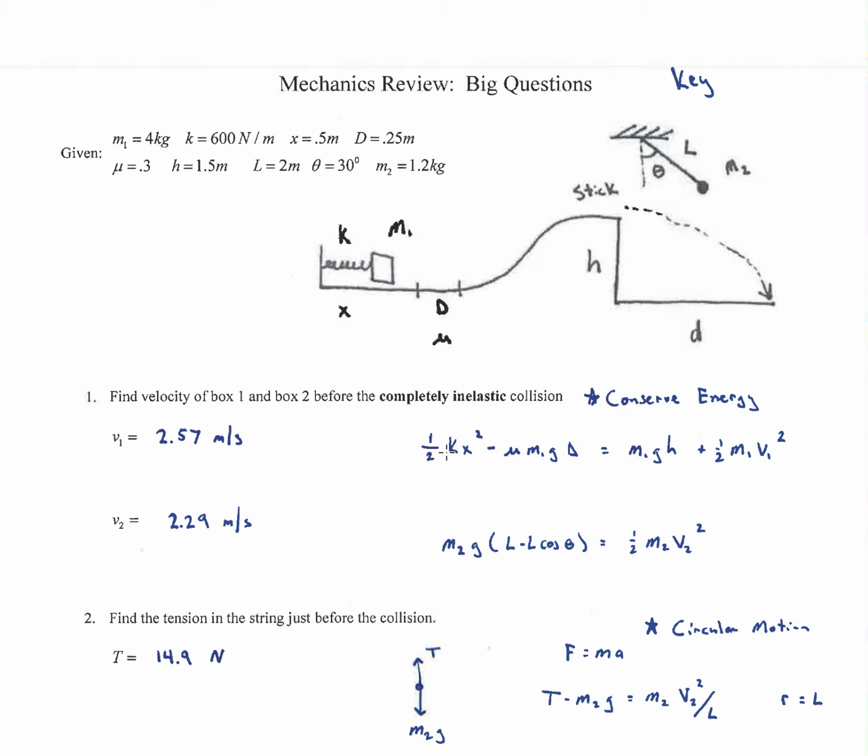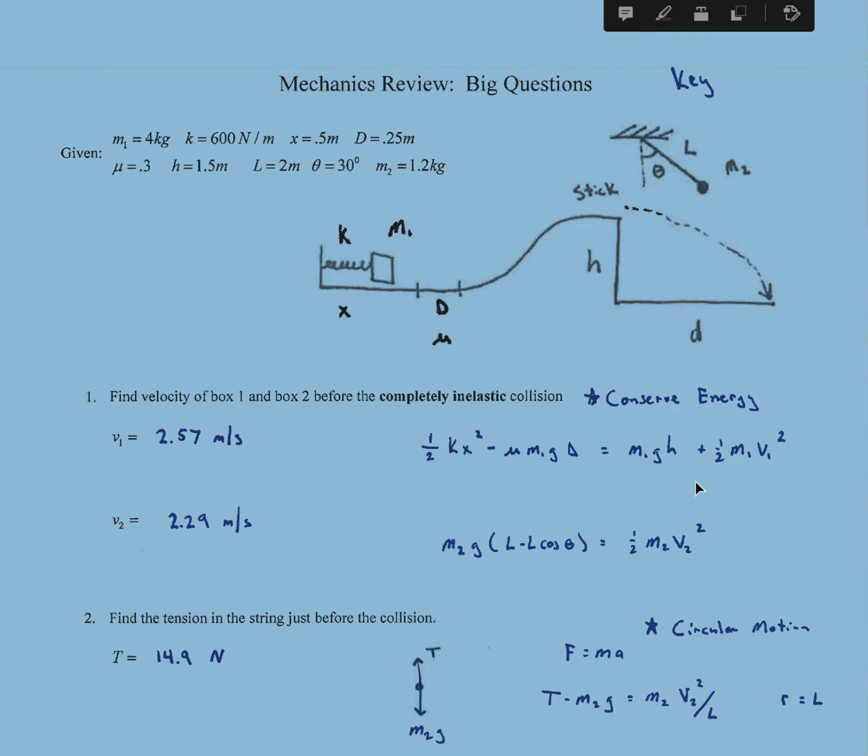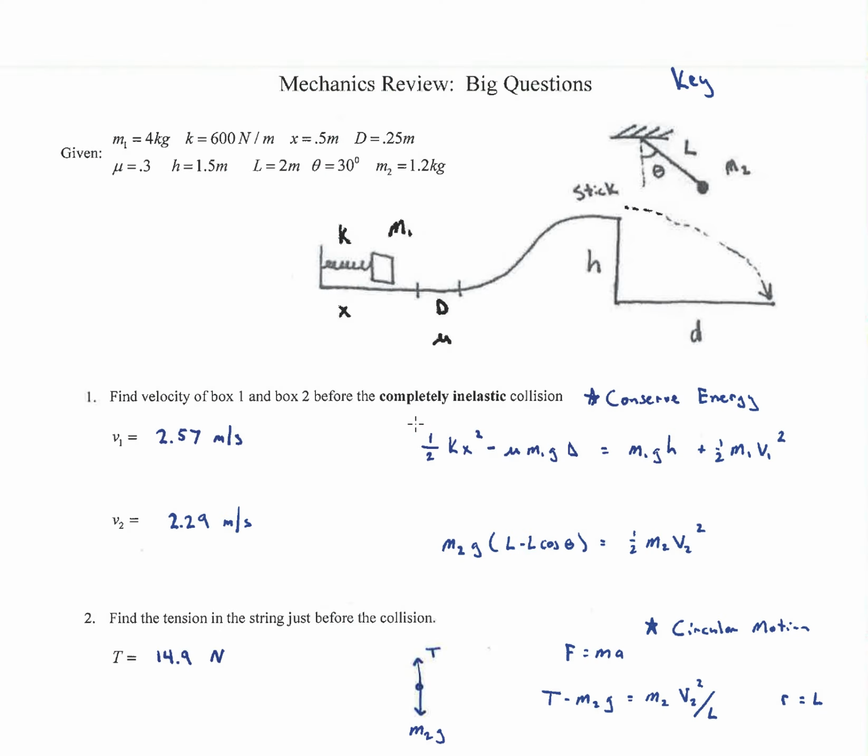So we have the energy of the spring minus the work done by friction, and that's going to be converted to the energy it has up here. Well, it's got mgh, and it's got 1/2 m1 v1 squared. So this equation right here is the equation you'd use to find the velocity of box 1 right when it's at the top of the hill.